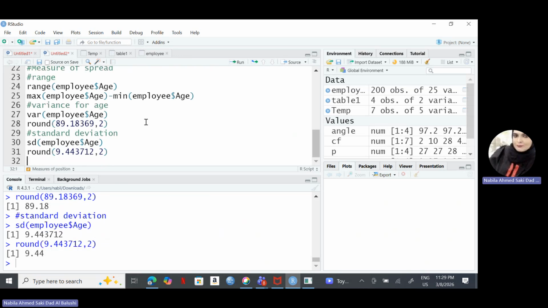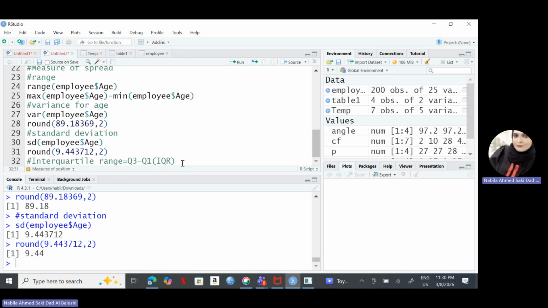We also have the interquartile range, which is Q3 minus Q1, known as IQR.